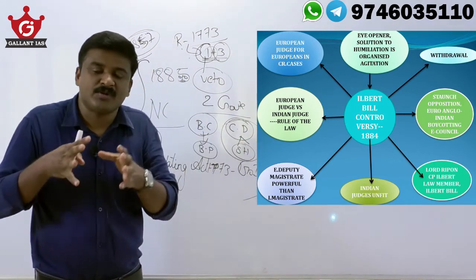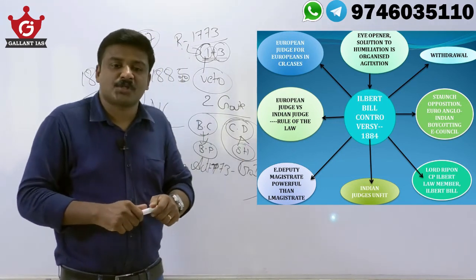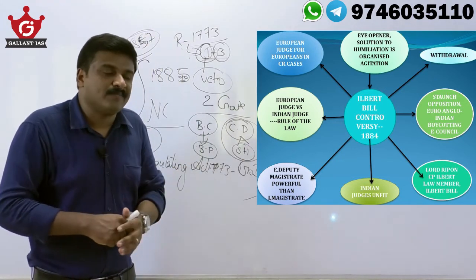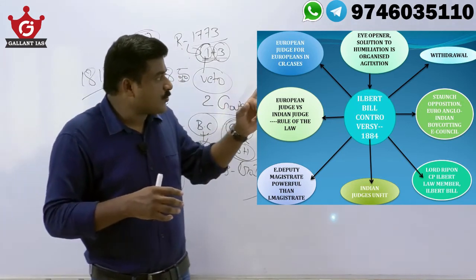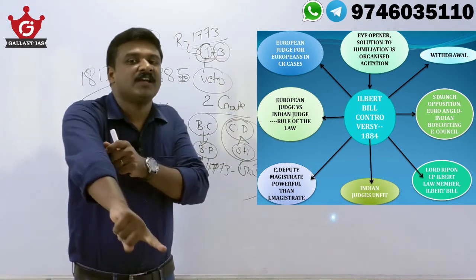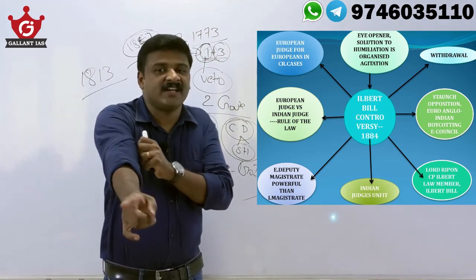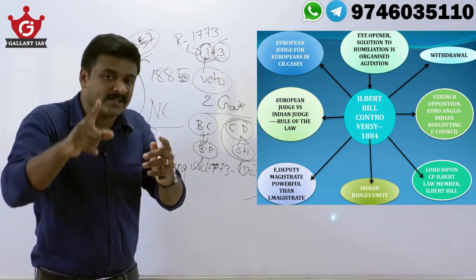Finally, Ripon had to withdraw this bill. The withdrawal was an eye-opener for Indians. They understood that the only solution to such racial humiliation is organized agitation, eventually resulting in the Indian national movement.